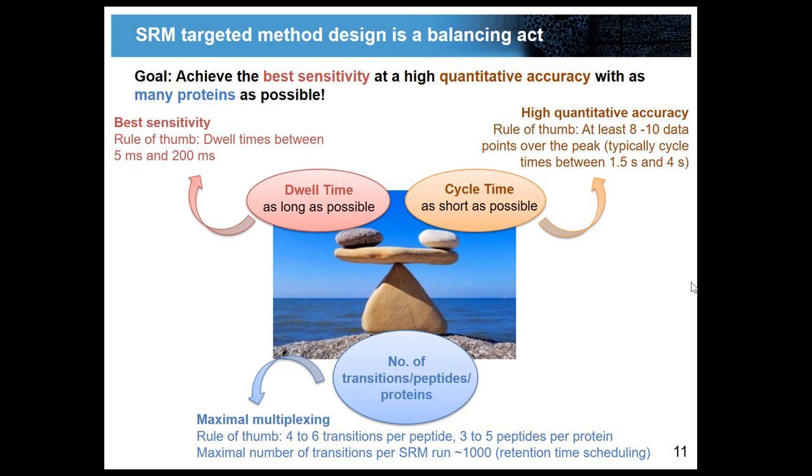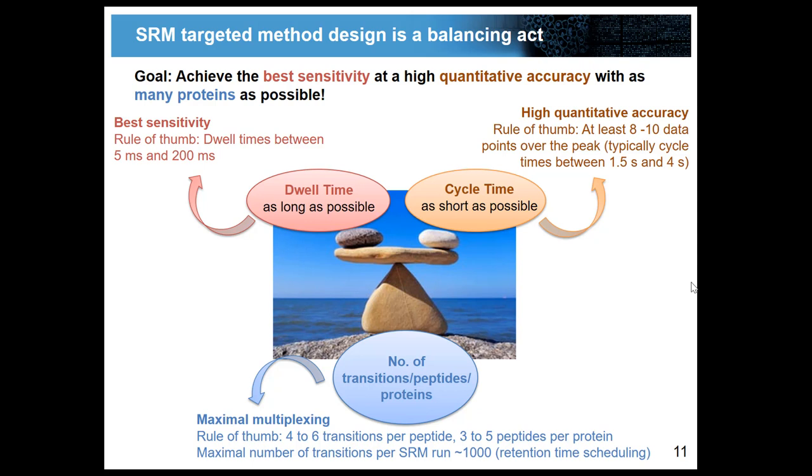And here the rule of thumb is work with 4 to 6 transitions per peptide, work with 3 to 5 peptides per protein, and the maximum number of transitions that you can put into a single list that you then tell the instrument is in the range of 1,000 transitions. So plus minus, and I would say that's a number that is quite straightforward, still doable with SRM.